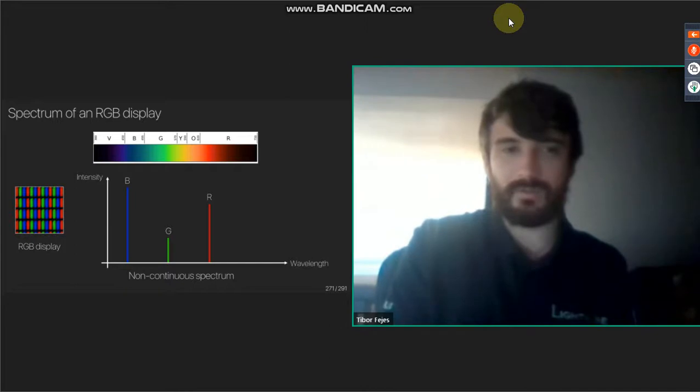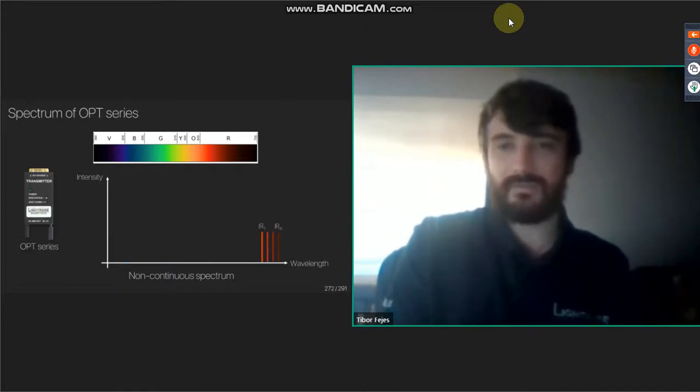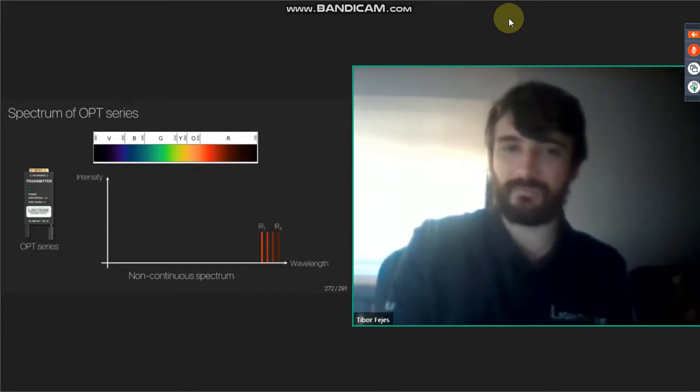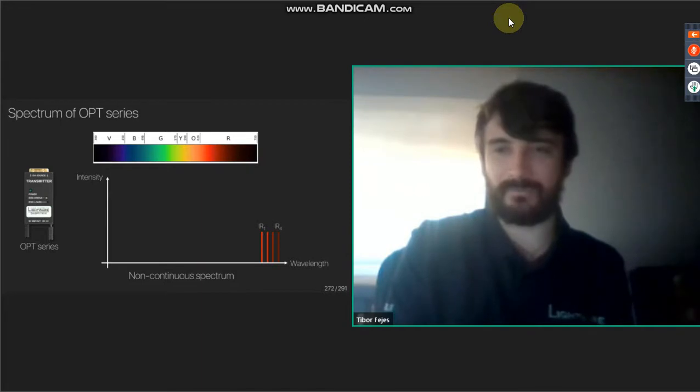And with our optical devices, most optical devices use wavelengths in the near infrared, and some of these infrared wavelengths are close to visible red, so you can still see some red light coming through. But typically what will happen is discrete near infrared wavelengths will be used.